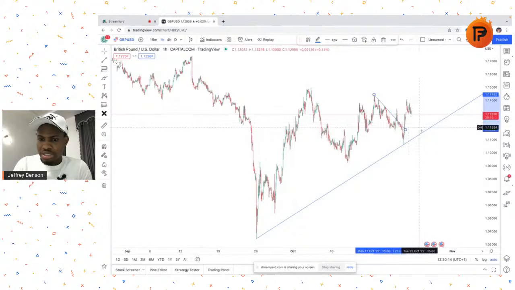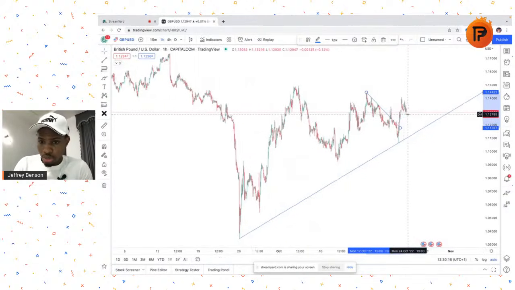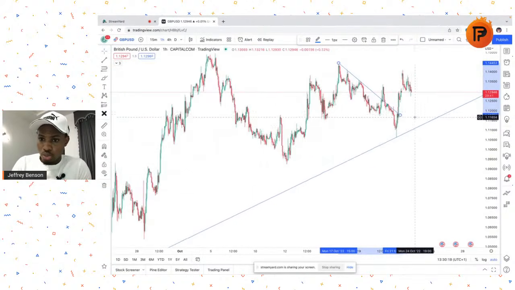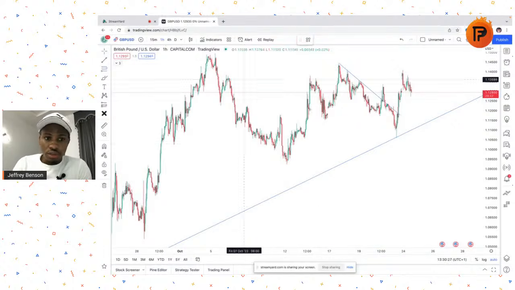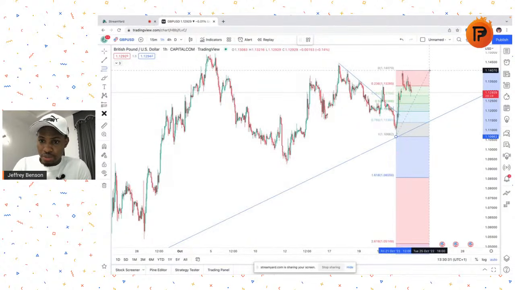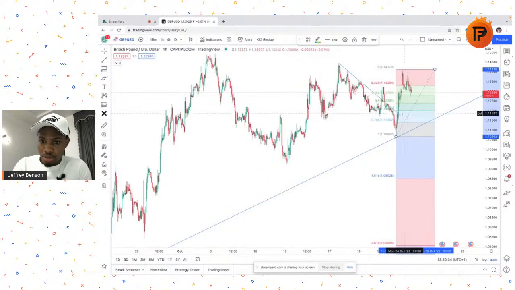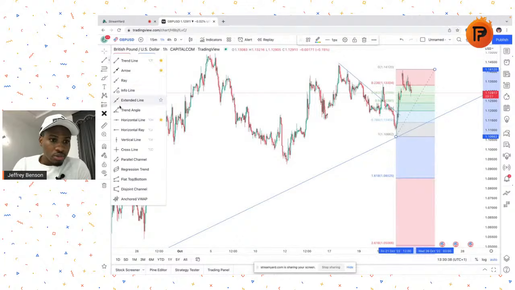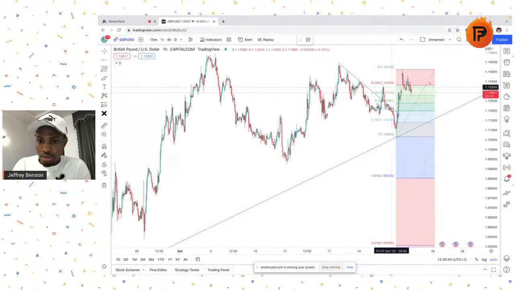For me on GBPUSD, I would rather want to short more. Why would I look to short? Well, first, I want price to come to somewhere around this region, 618 region of this body. This is a recent low, this is a recent high. So I'm going to spread it out and put the fib level at this point. So price comes to this point, I'm going to short. Price comes to this point, yeah, I'll be going for a short.